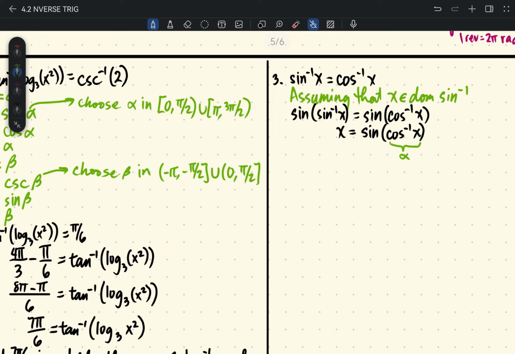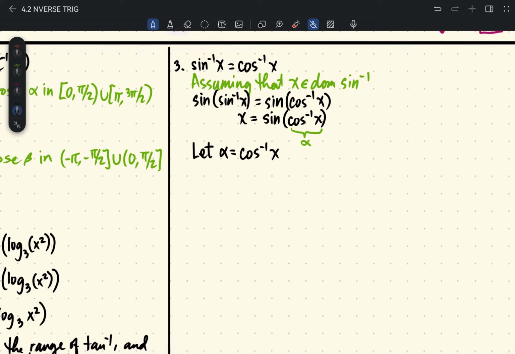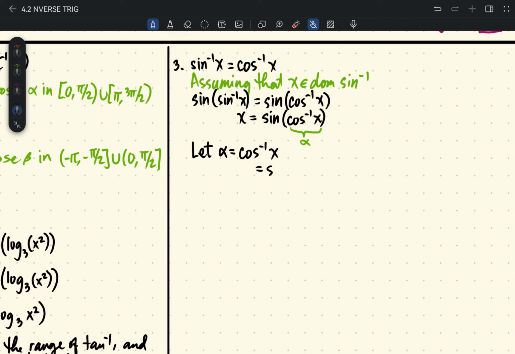Let's call cosine inverse of x as alpha. So we can let alpha be equal to cosine inverse of x, so that we'll get on the right side sine of alpha. But how about the other side? What we can do here, assuming that x is in the domain of cosine inverse, is the same thing that we did a while ago.